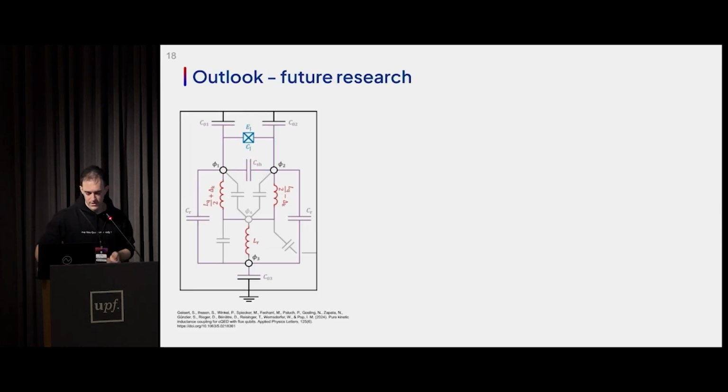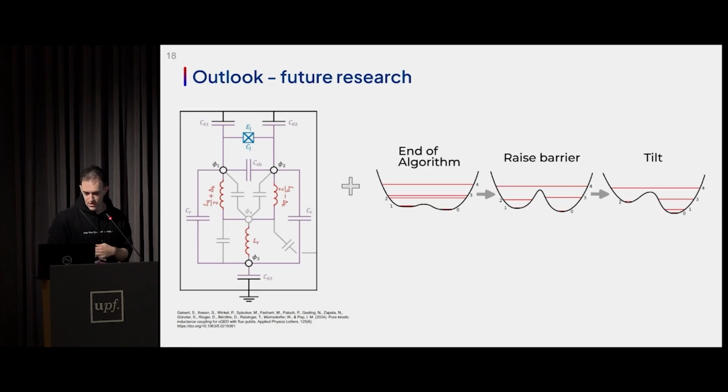For future research, we are looking into combining this with research by Jan Bob, who's right over there, on a qubit that is like a qubit and a resonator at the same time. You have an internal resonant mode in the fluxonium that's a resonator-like mode, and you can use this for readout.